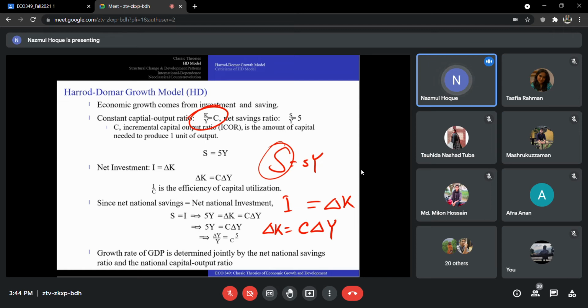So from here we can write this: savings equals investment. So savings rate times output is your net savings, which is equal to investment, which is equal to change in K, right? So basically this is what you get.